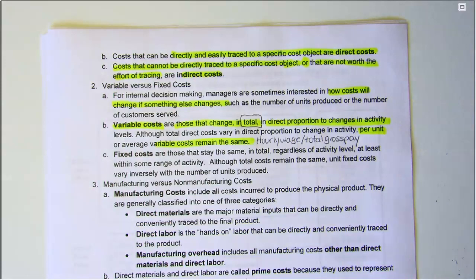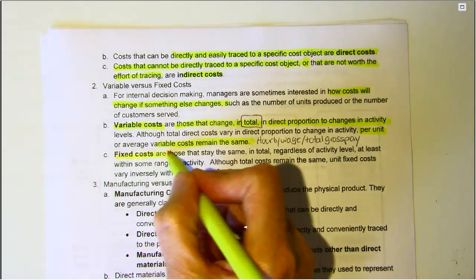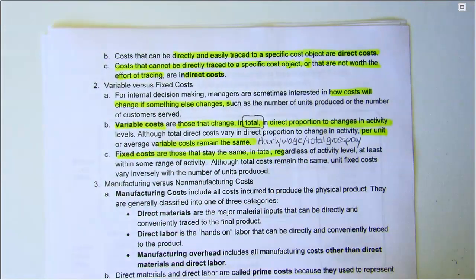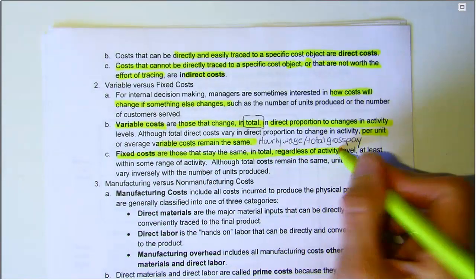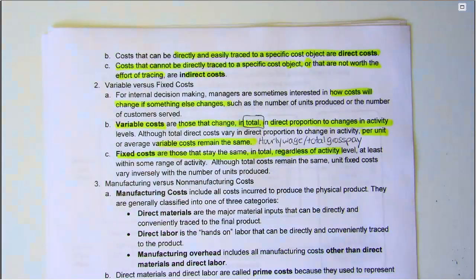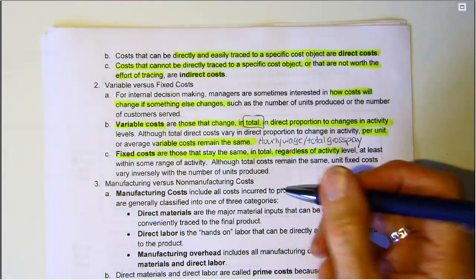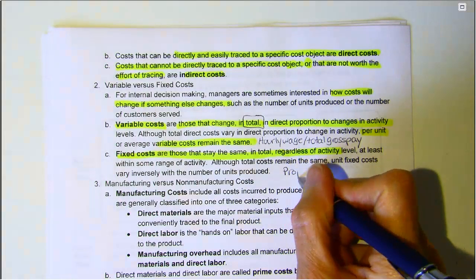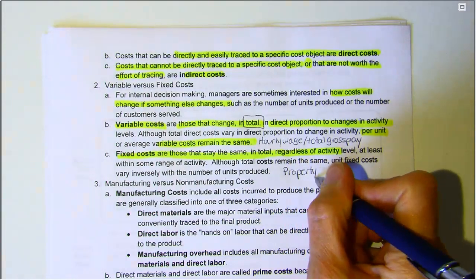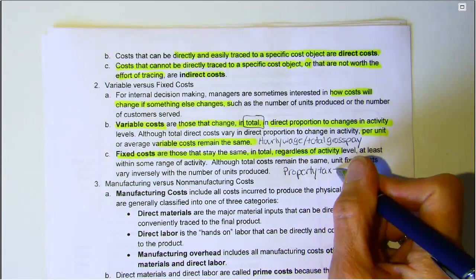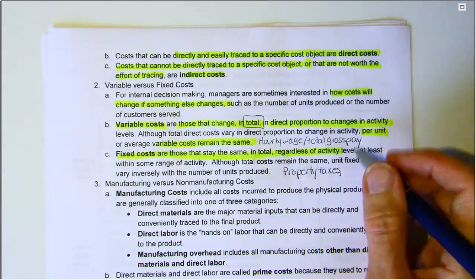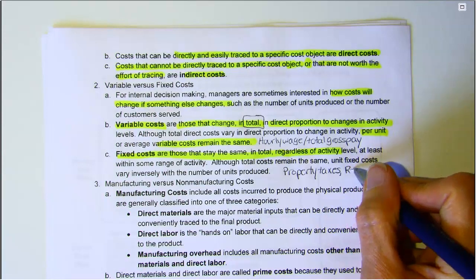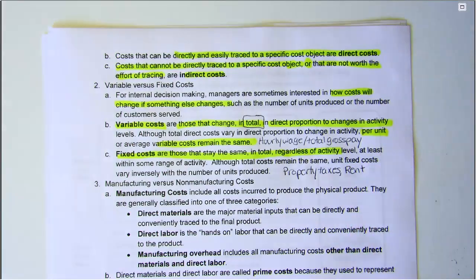Fixed costs are those costs that stay the same in total, regardless of the activity level. So for example, property taxes for the factory, or if the factory rents space, rent for the factory will remain the same regardless of how many pens are produced.